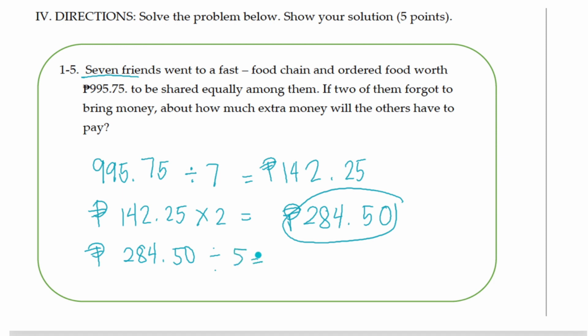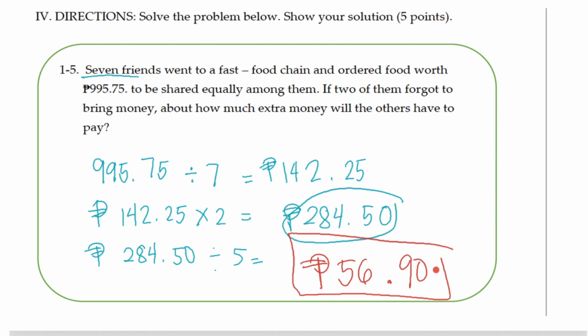So, ang paghahatian ngayon ng 5 magkakaibigan ay 56 pesos and 90 centavos.